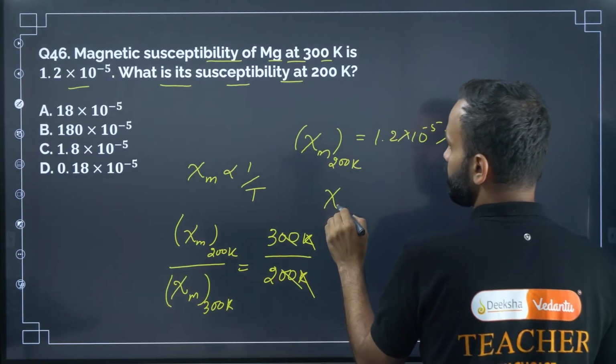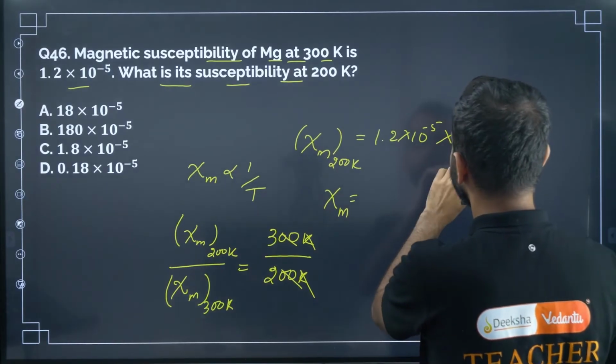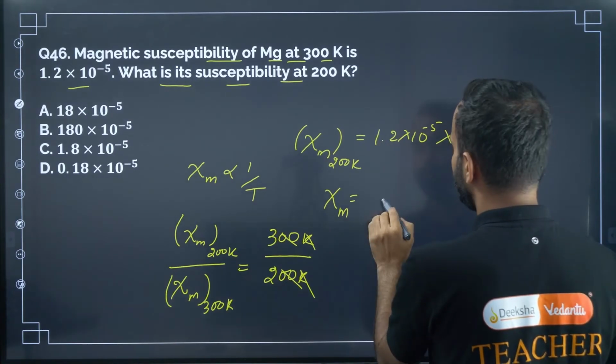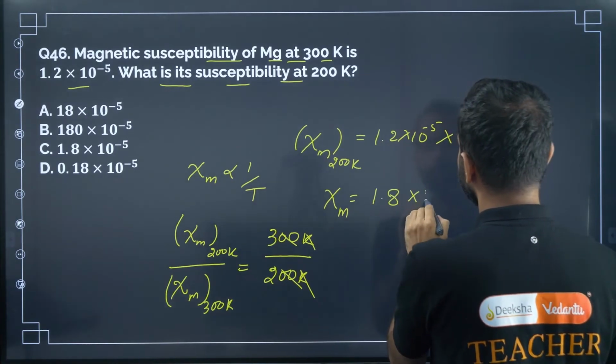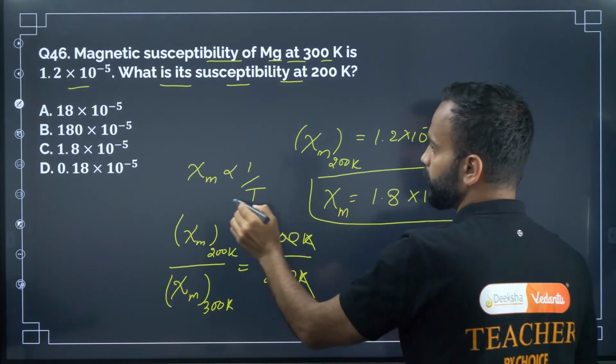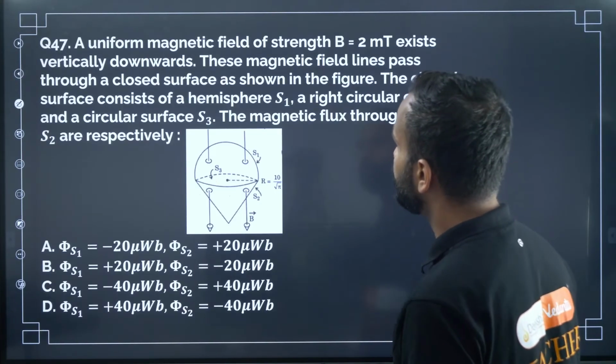So xi m is equal to 1.8 into 10 to the power minus 5. So the correct option is C. Next question, question number 47.